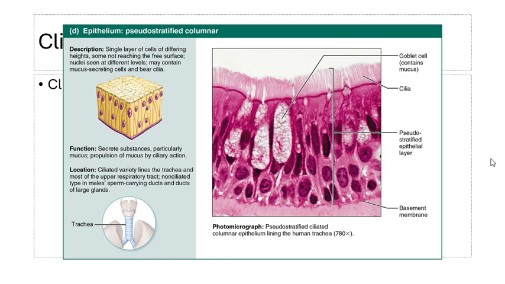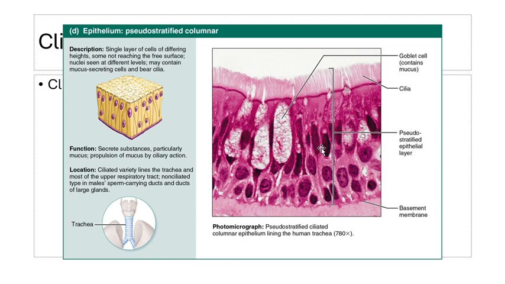The next epithelium is pseudostratified columnar. So, at one glance, it looks like the multi-layer or stratified, but it is false. It's lying to us.